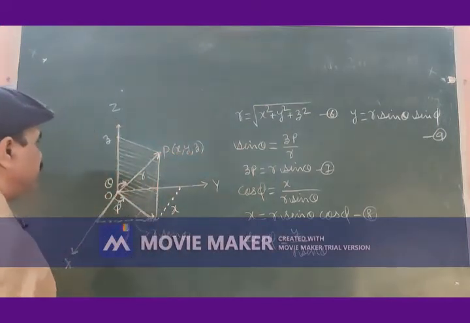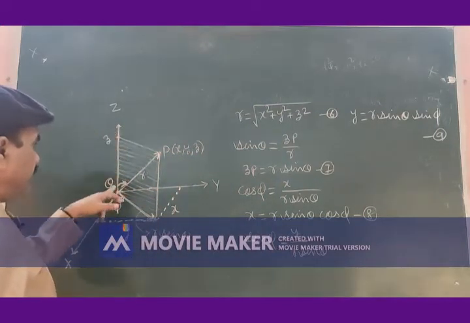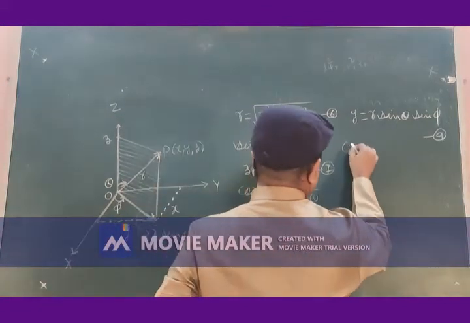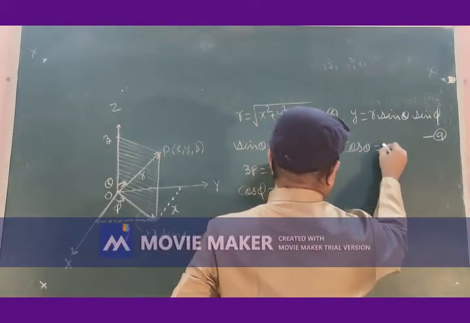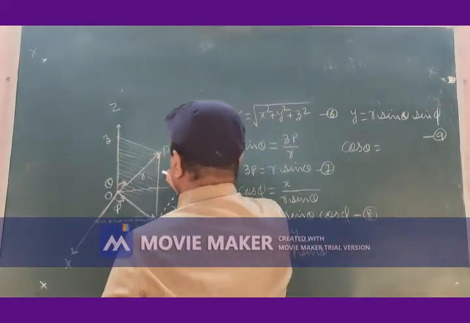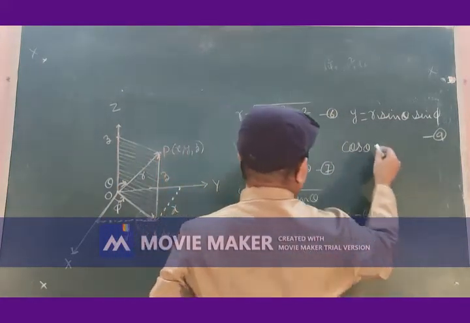Now we have to find z. To find this z, let us go for cos theta. Cos theta will be equal to what? This length can be taken as simply z.